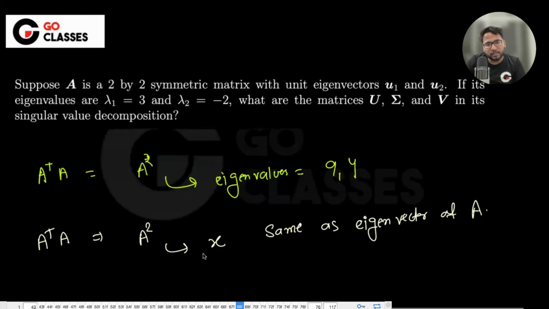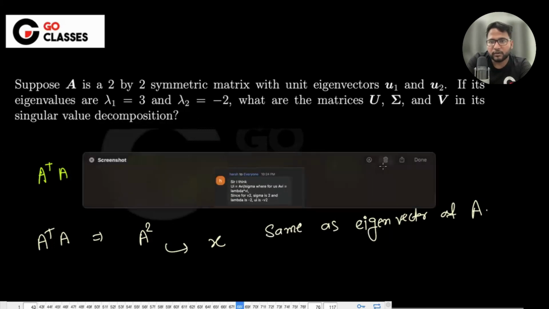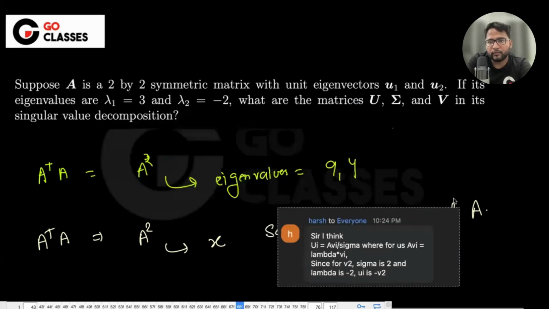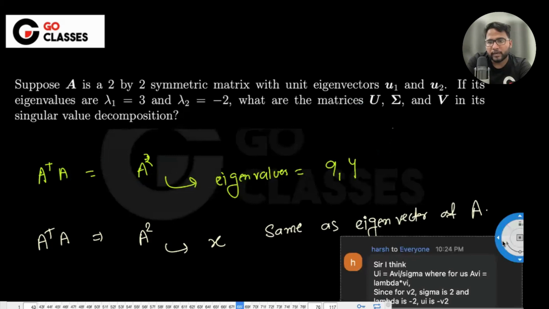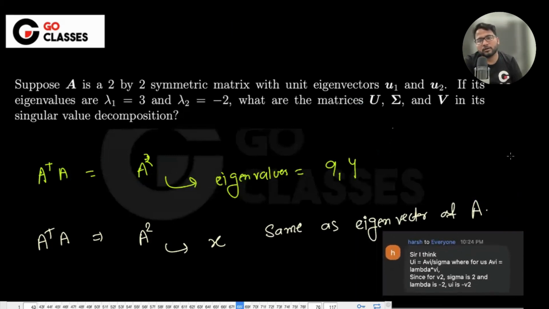Okay, the book is saying that, using this formula, ui equal to this, that is fine, but I'm just figuring out why, going this way, we are not getting the same answer as they have got. What do you think?